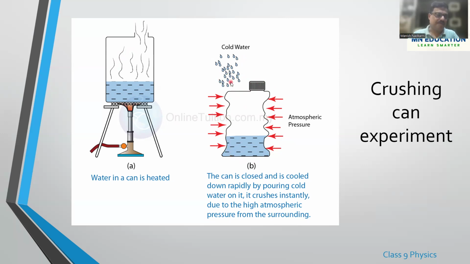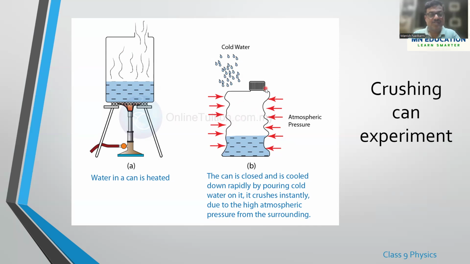Pour cold water. We know when cold water is poured on steam, it condenses. So the steam present here again gets converted to water, and the water goes back into the water here. Now, because the steam has again become water, a vacuum is created over here because air has already gone out.